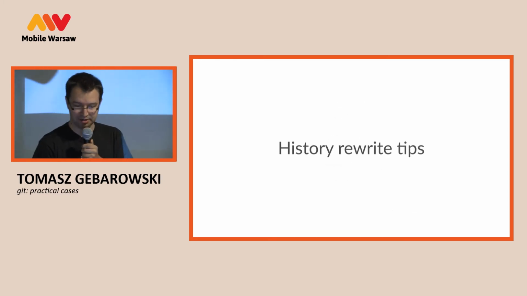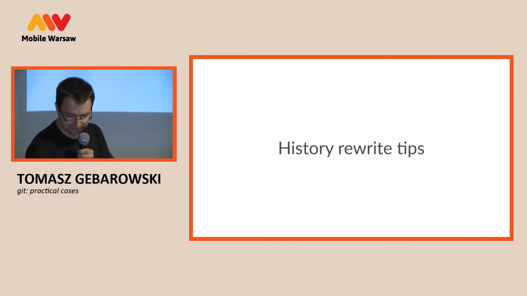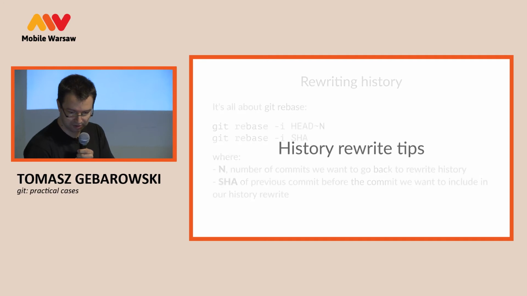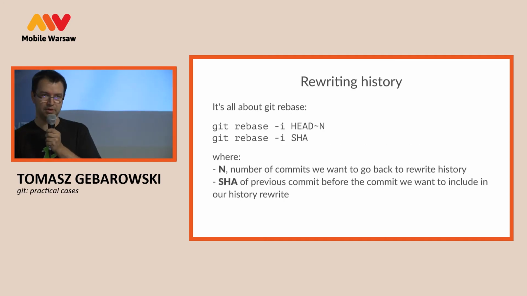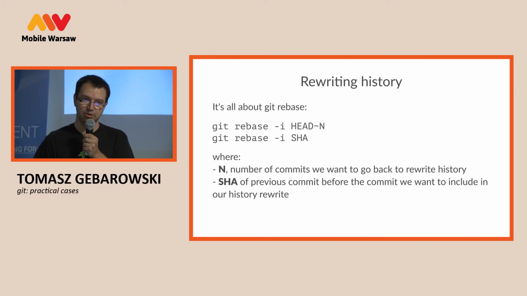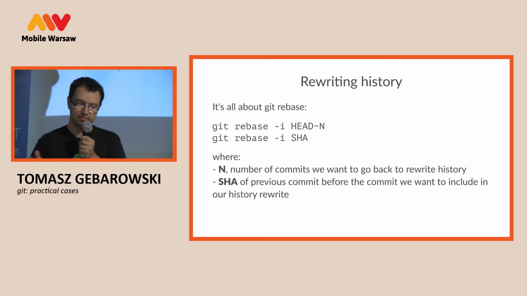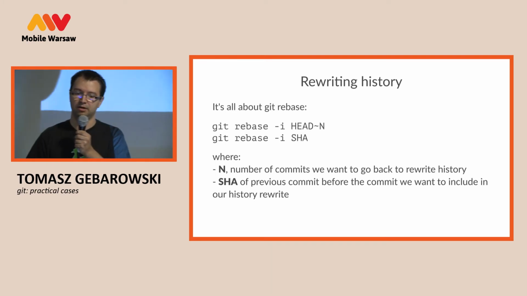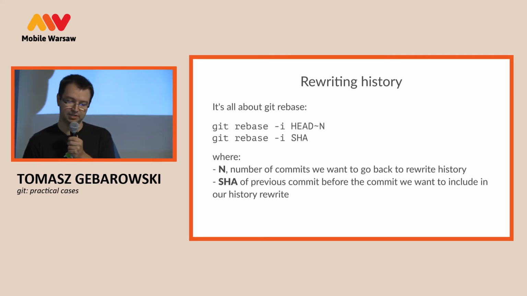So what are the history rewrite tips? Well, first of all, when I'm speaking about the history rewrite, I'm speaking of git rebase in interactive mode. You can invoke git rebase in interactive mode using one of the two following syntaxes.